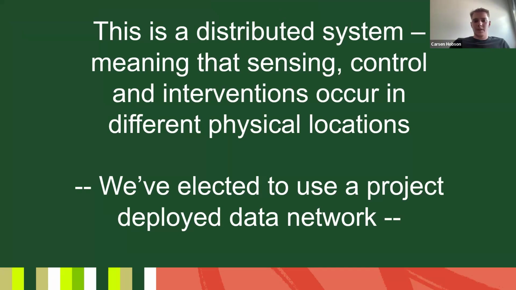So the distributed system, and the control and interventions are across different physical locations. Yes, if you want to expand on this, Dr. Ron. Sure. What we're talking about here is we have some distinct different areas around the home that we have to work with.